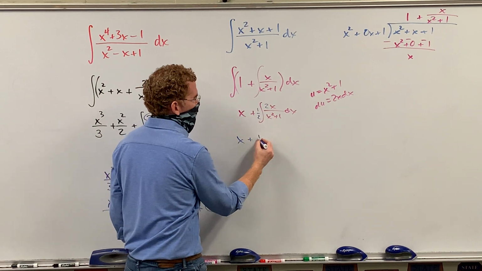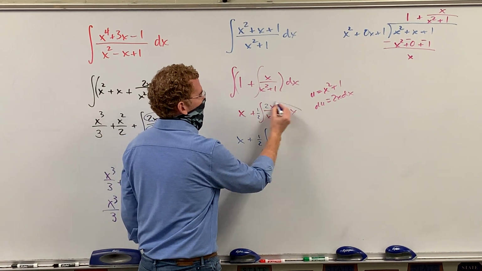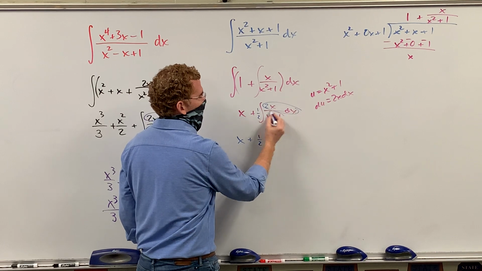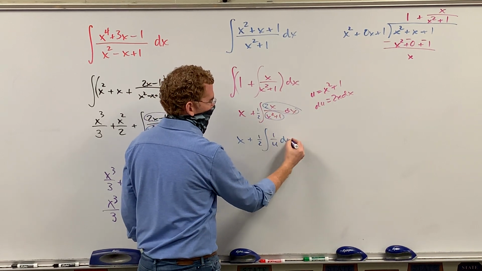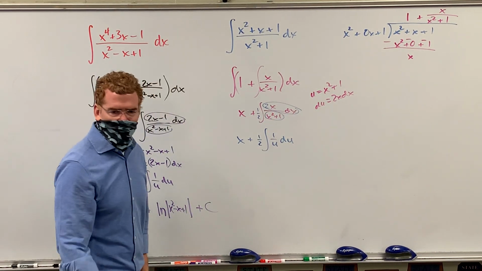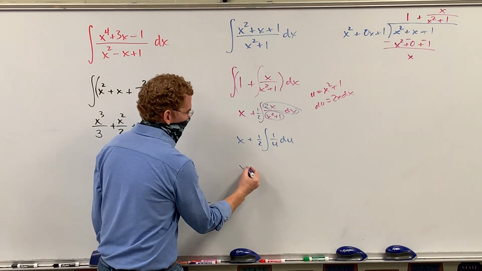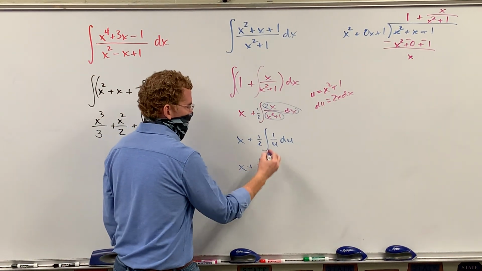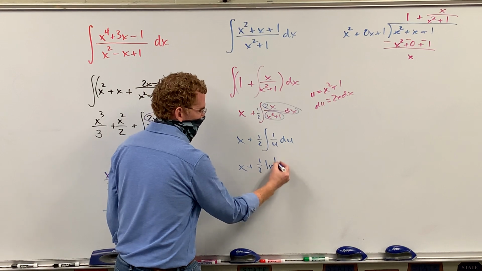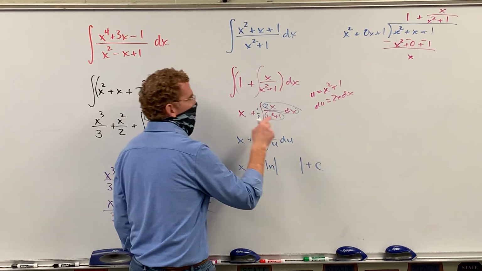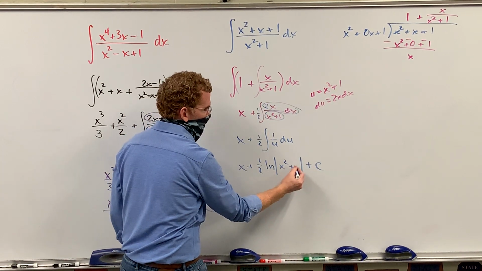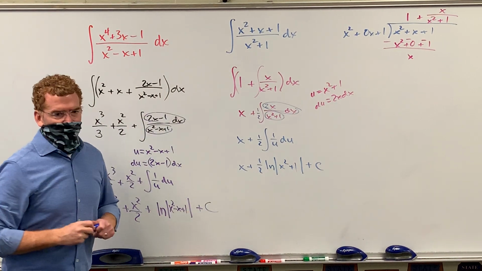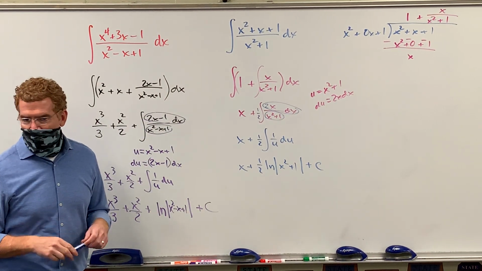So I get x plus 1/2, integrate. There's my du, there's my u. And again, you end up with that 1 over u situation, which is almost always the case. So x plus 1/2 times ln absolute value of u, and you're out. Not too bad.